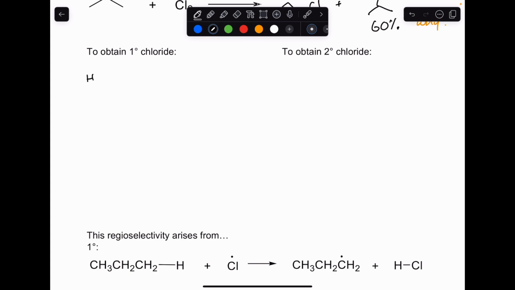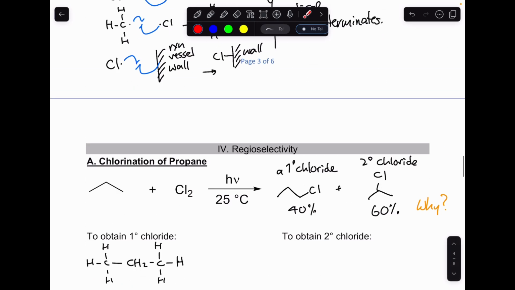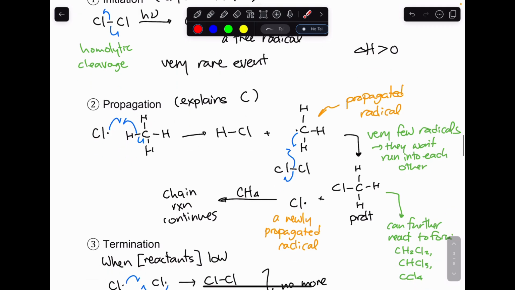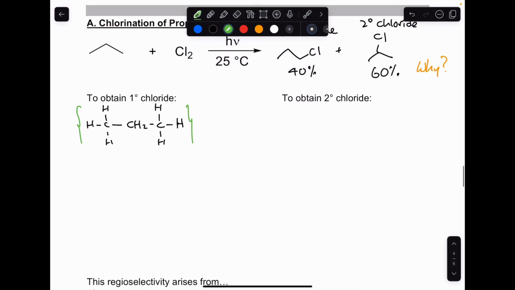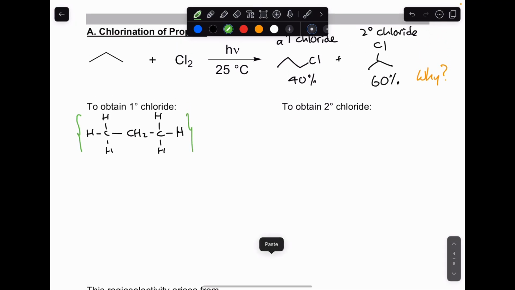We're just going to think about the fact that to obtain the primary chloride, the C-H propagation step with the chlorine radical would have to happen at one of these 6 hydrogens, or one of those 6 C-H bonds needs to be broken in the propagation step, right? So that's the statistical factor.